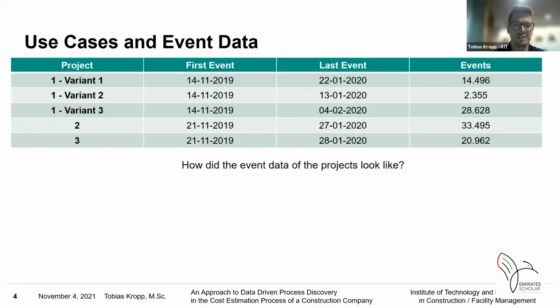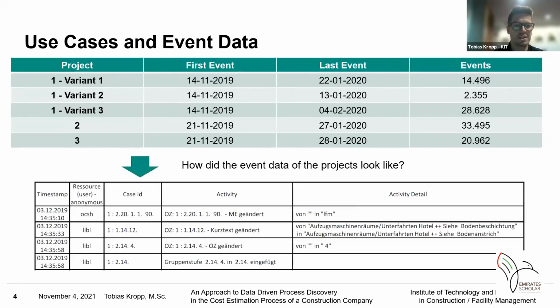And how do the data sets look? They were in CSV data format, and we have 5 different columns. We have at first a timestamp. In one line there was one event, and in the timestamp column, the time when the event took place is saved. Then we have a resource, which is anonymized, but you can see that different resources were involved.